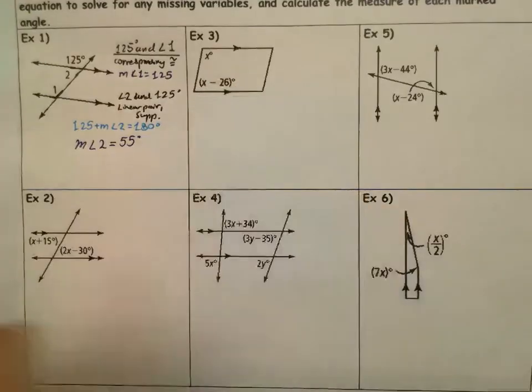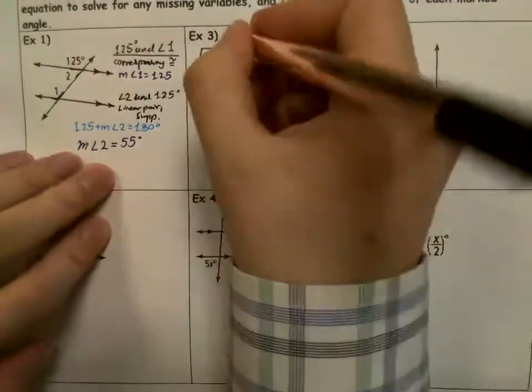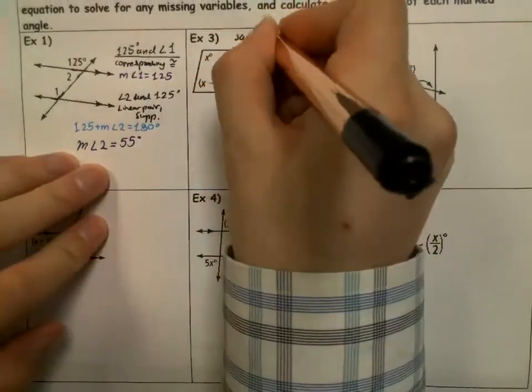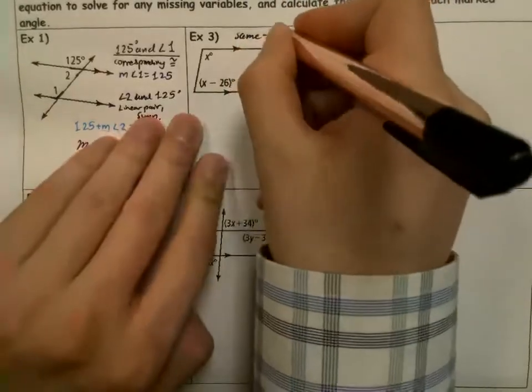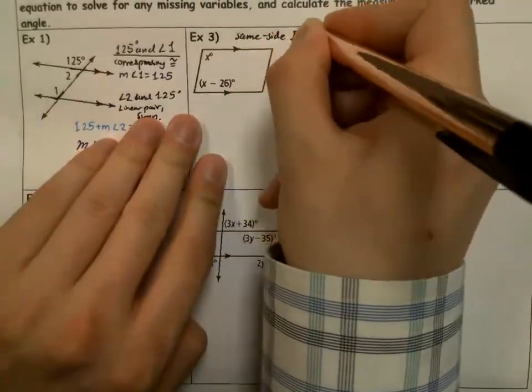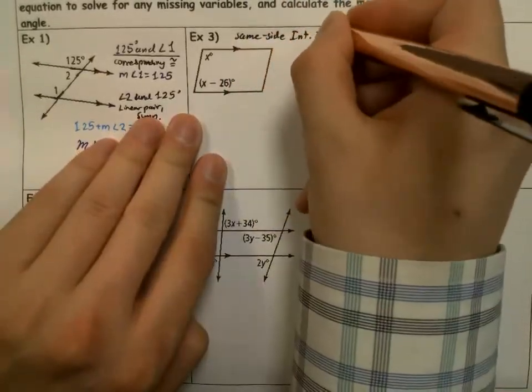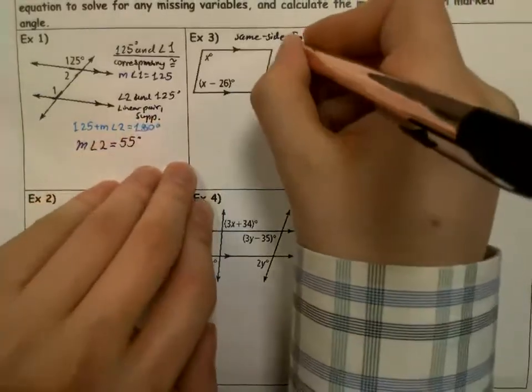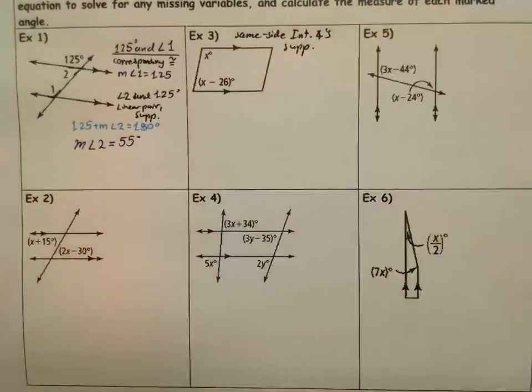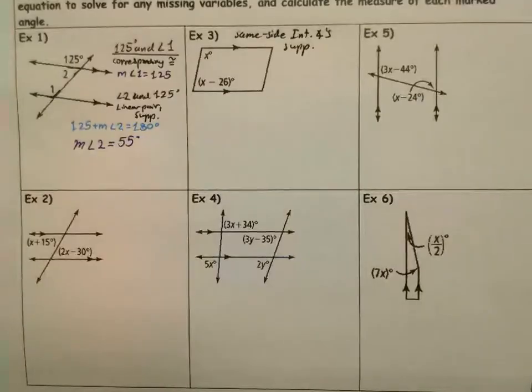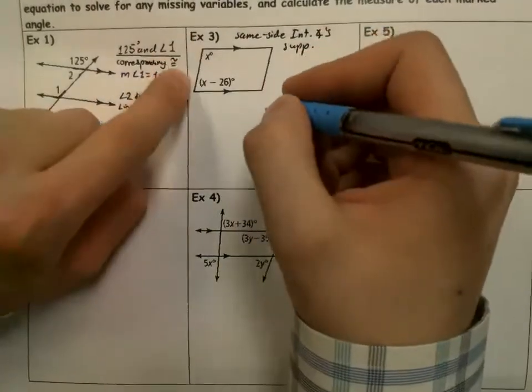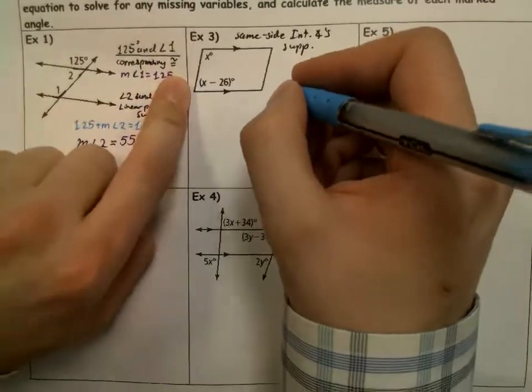So for number 3, what we're using here is same side interior angles, which are supplementary. S-U-P-P for short for sup. That means that I can add these two together and set them equal to 180.